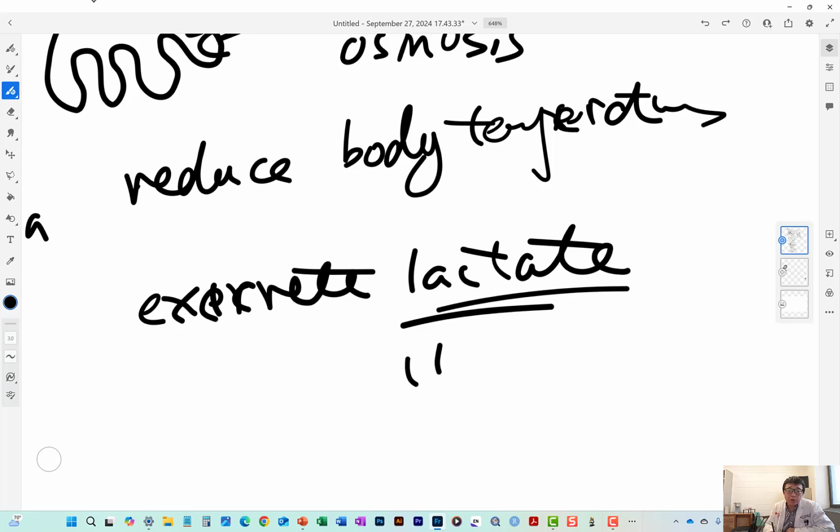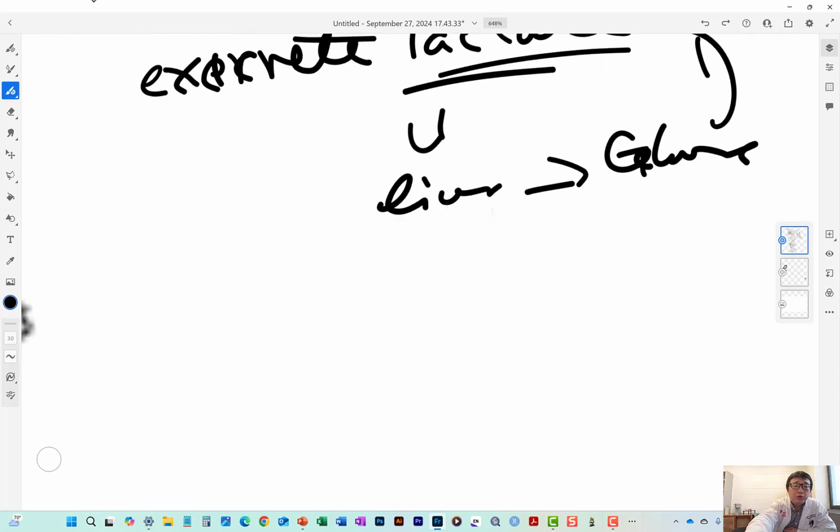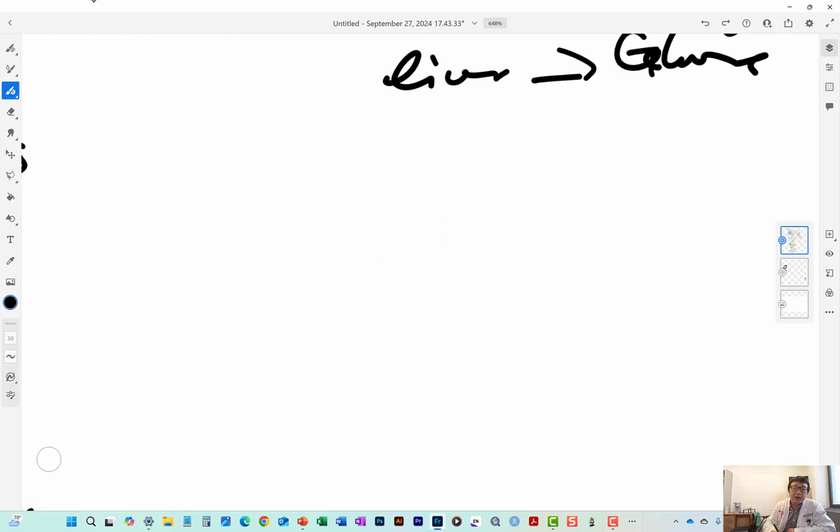Most of it goes to the liver and becomes glucose, and is used by other organs such as muscle. However, when do we generate a lot of lactate? When we are actively exercising or having physical activity, and then with too much lactate, it cannot accumulate in the blood.